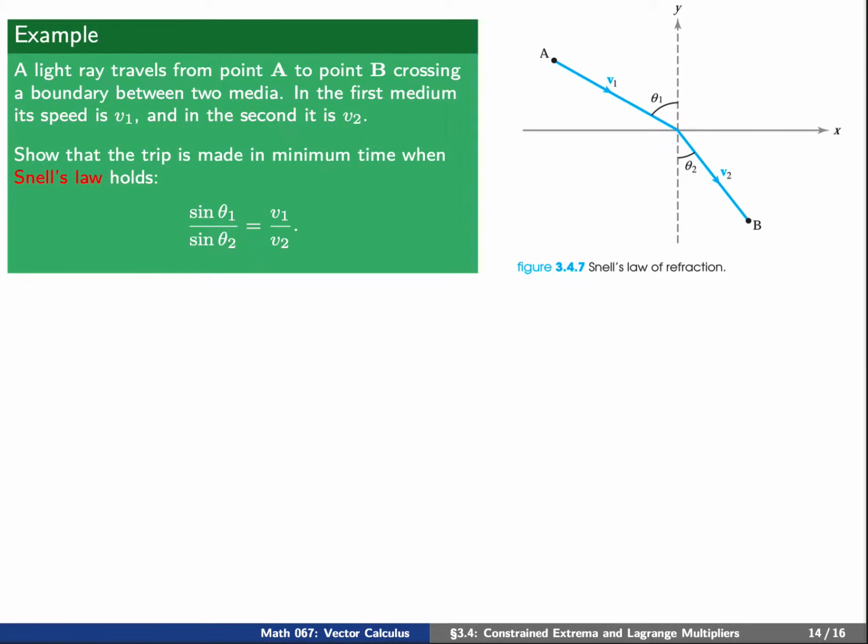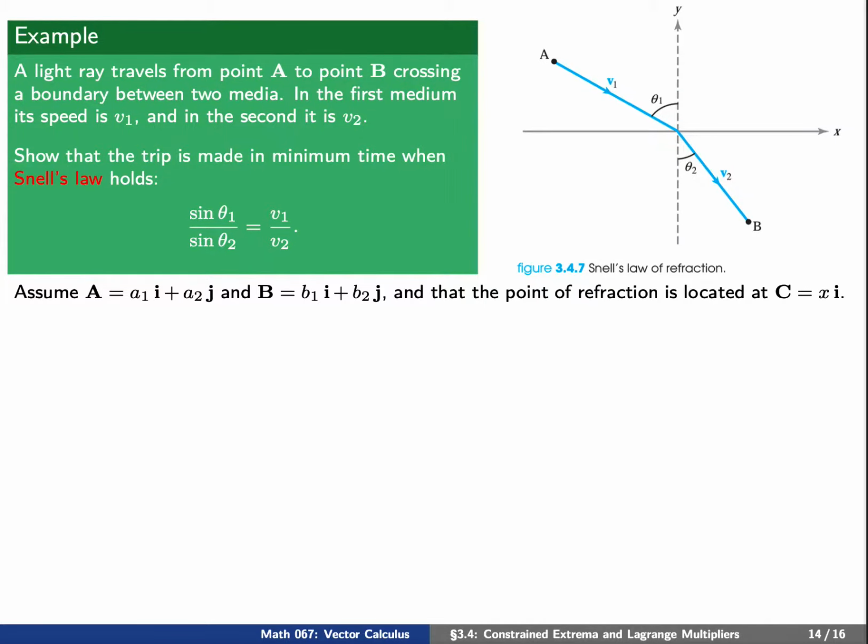It then passes through the surface, and now the light is inside the water. We'd like to show that if the speed of light in the first medium is v1 and the speed in the second medium is v2, then we have so-called Snell's law: sine of theta 1 divided by sine of theta 2 is equal to v1 over v2. You can see a better diagram of all of this in figure 347 on your screen.